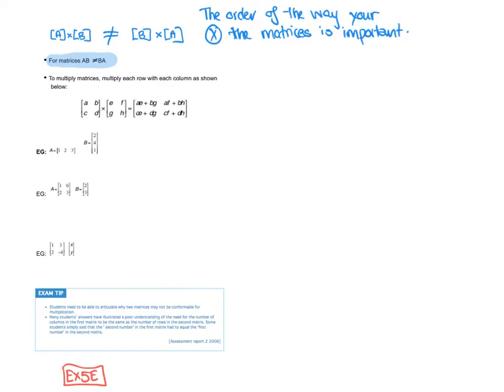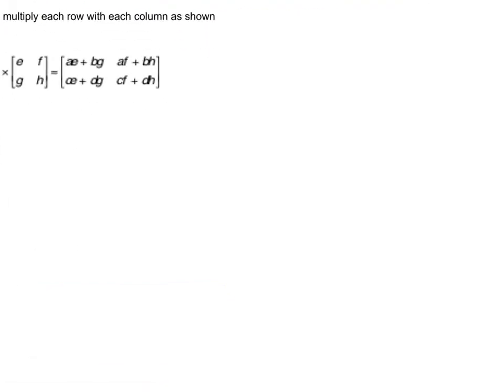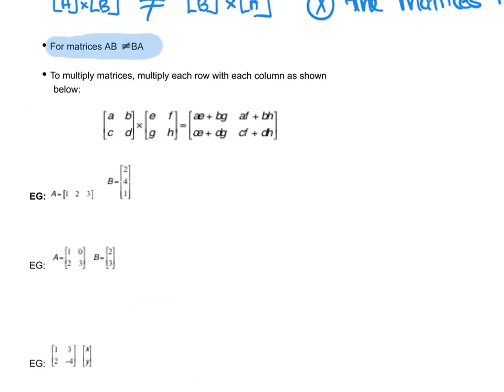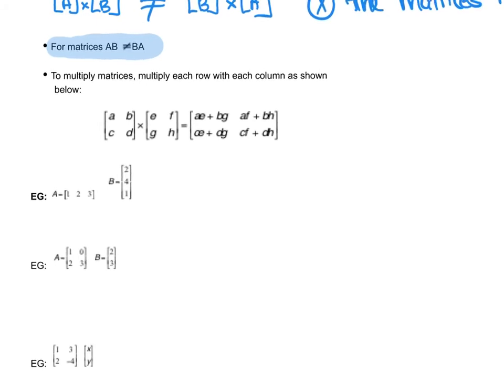So let's show you. I'm going to zoom in, sorry, because it's a bit small for me, and I want you to see this. All right. So first of all, I've got these two matrices here that I'm going to multiply. First we're going to check if it's defined. So the order of this one is a 2 by 2, good.